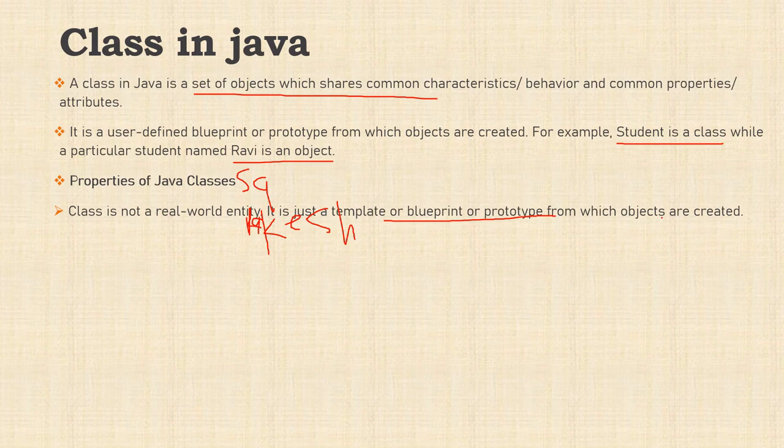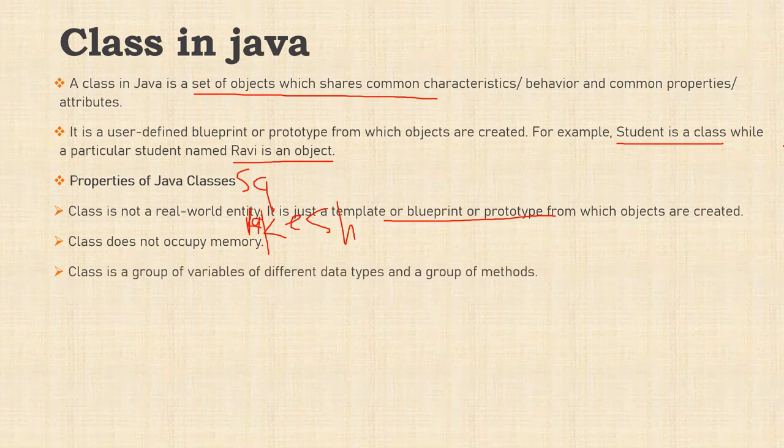It is just a template or blueprint or prototype from which objects are created. Class does not occupy memory: at the time of declaration of the class, it does not occupy any memory. A class is a group of variables of different data types and a group of methods.